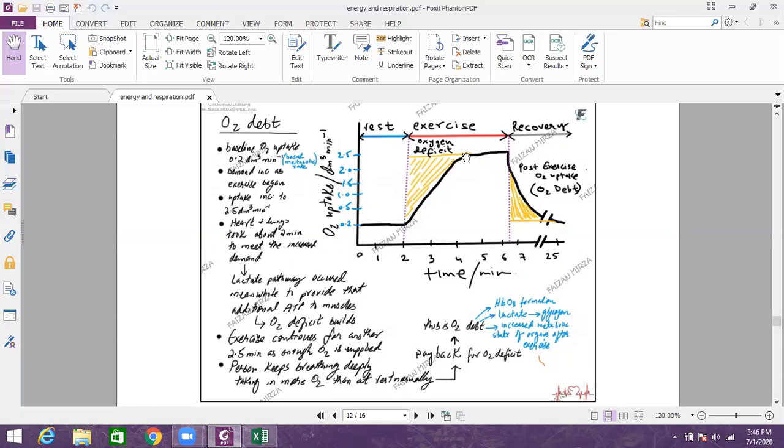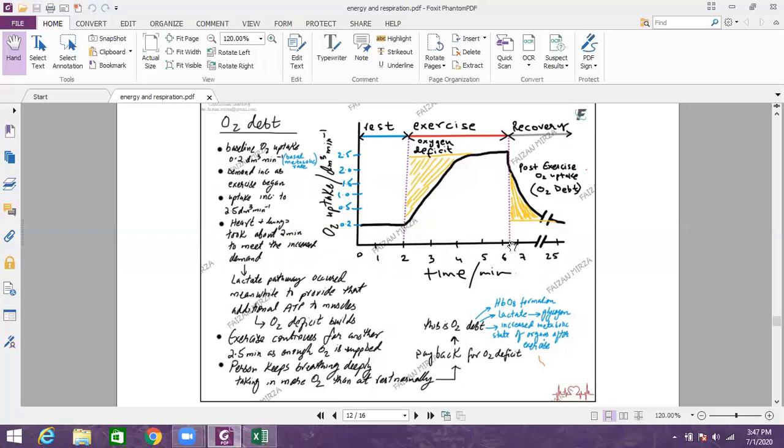By the end of this time, you can see that oxygen is available at 2.5 dm per minute. So you continue exercise for about 2.5 more minutes. But since anaerobic respiration had occurred, lactate had formed, your muscles will feel fatigued, and you can't continue exercise beyond this point. So you will settle down, and the muscle will go into recovery phase.